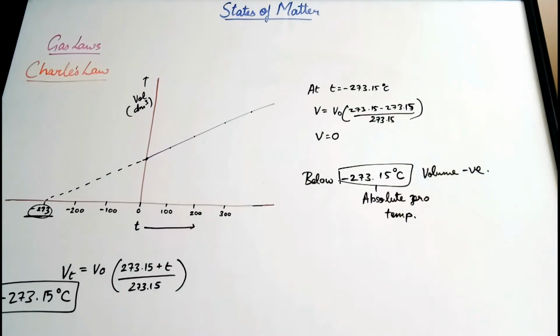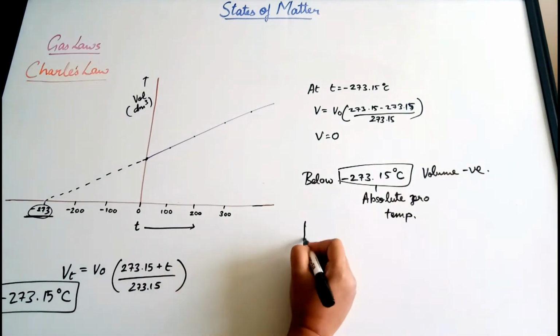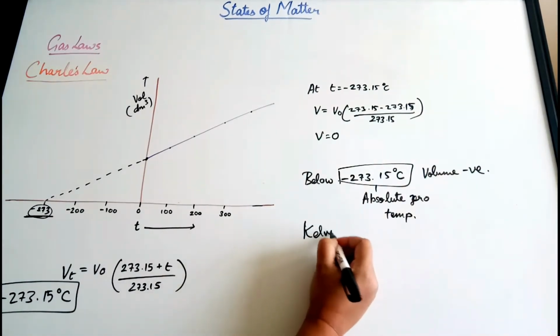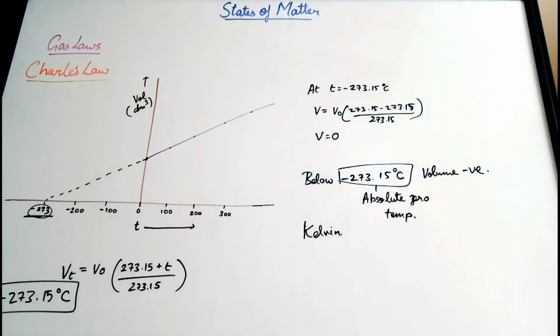Lord Kelvin was the one who suggested this. He said, let's give a new scale, that is, you guessed it, Kelvin. If you remember, we had learned about the SI unit for temperature. We didn't say degrees Celsius or Fahrenheit, it's actually Kelvin. Now you know why.